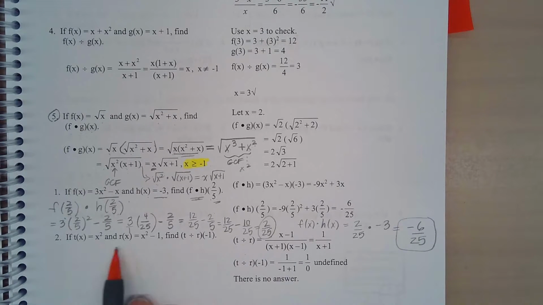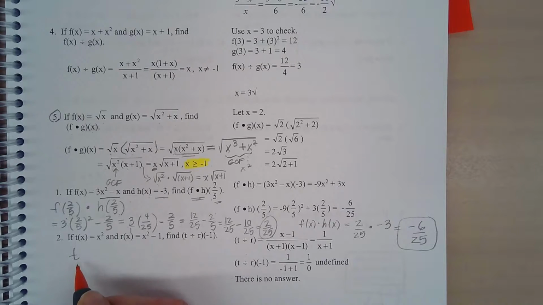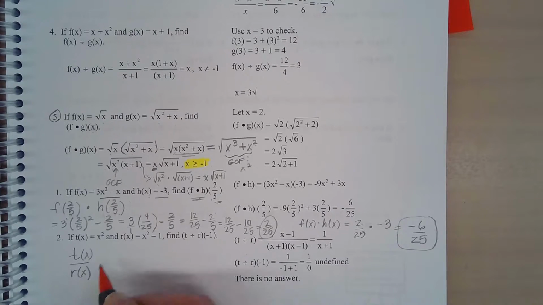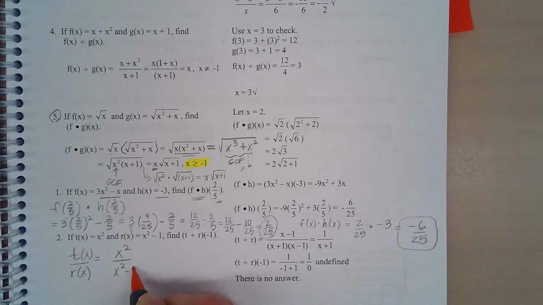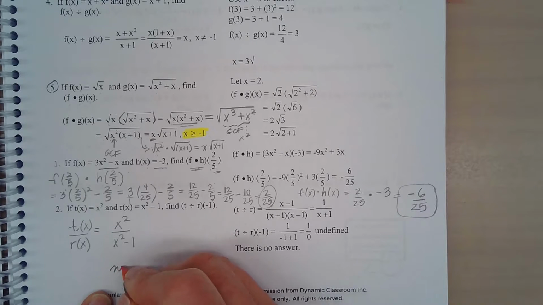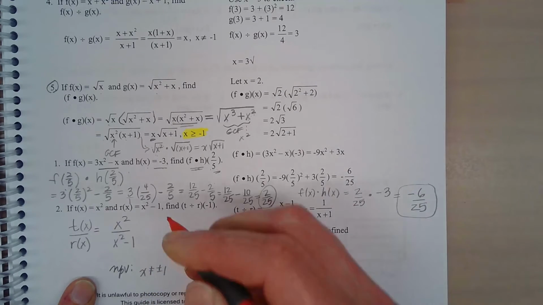Let's take a look at this one. We've got t and r. Find t divided by r at -1. Again, whatever your approach is, maybe you want to write your function first like they've done. T of x divided by r of x equals x squared over x squared minus 1. In order to state your non-permissibles, you probably have to factor things out, but x can't equal plus or minus 1, right?